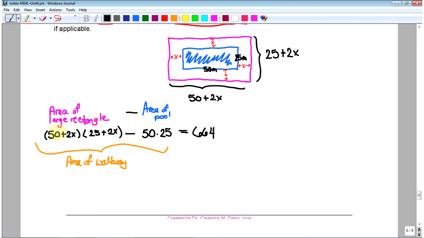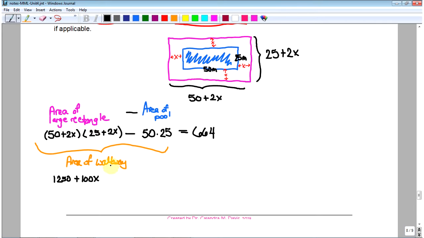So now we need to multiply this out and get this into a form that we can solve. Okay, so first we need to get rid of our parentheses. So I'm using FOIL to multiply it out. So 50 times 25 gives me 1250. Outer times outer gives me 100x.